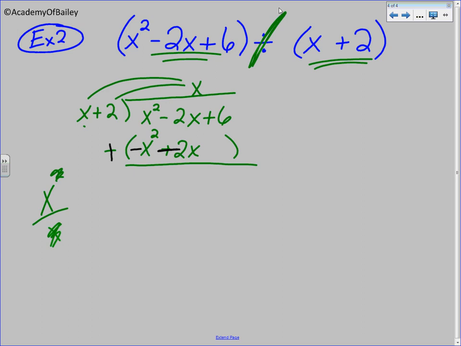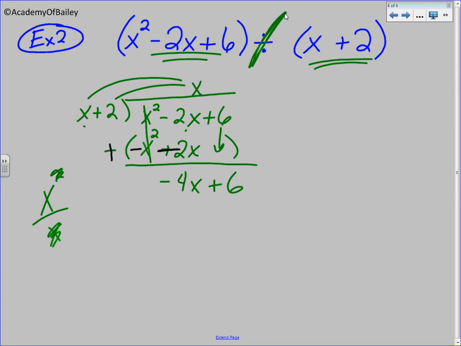I just changed the signs there so it's like distributing that negative sign to everything inside the parentheses. X squared plus negative x squared cancels out. Negative 2x plus negative 2x is negative 4x. And 6 gets dropped down.